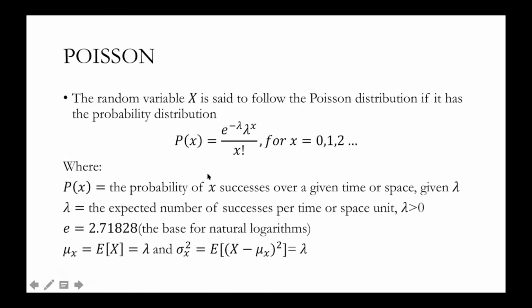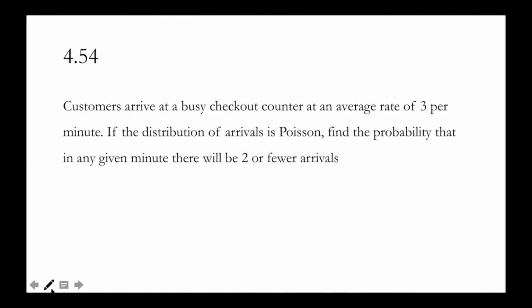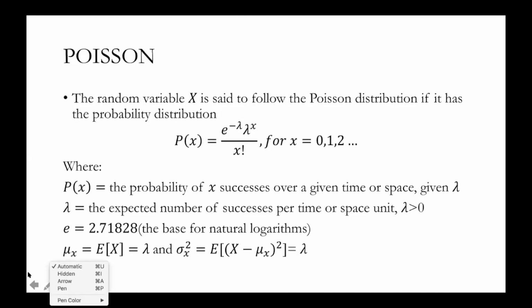So here we use this formula, and we just plug in lambda and x stated in the exercise. So minus e to the power of minus 3 divided by this, and 3 to the power of 2. We use this equation.